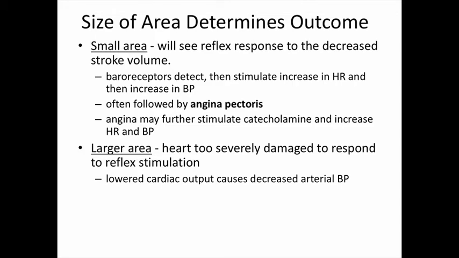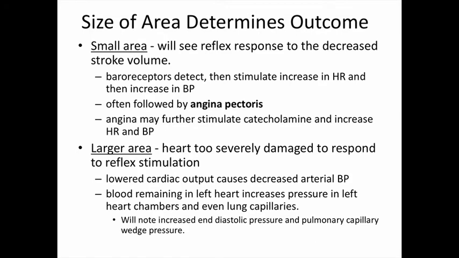So in this case, the cardiac output would continue to fall, and then we would ultimately see a decrease in arterial blood pressure. And then, of course, the blood is not going to be ejected from the heart. Instead, it's going to remain in the left ventricle and then continue to back up.